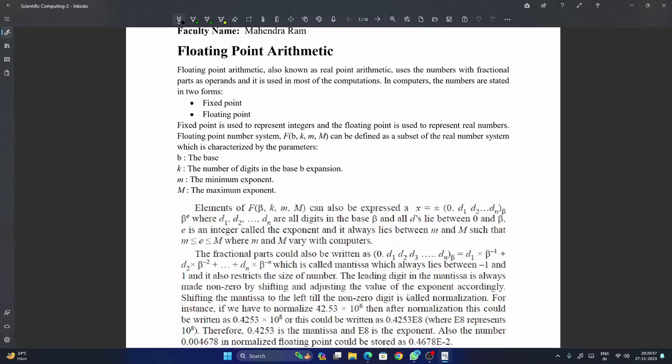So now you can see the heading is floating point arithmetic.